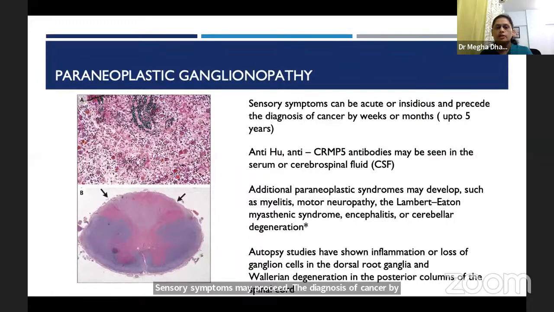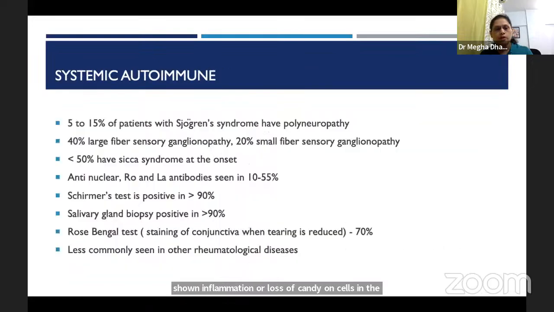So these patients need regular screening for malignancy for at least 3 years on an annual basis. The common antibodies found are anti-Hu and CRMP5 antibodies. Autopsy studies have shown inflammation or loss of ganglion cells in the dorsal root ganglia and Wallerian degeneration in the posterior columns of the spinal cord.